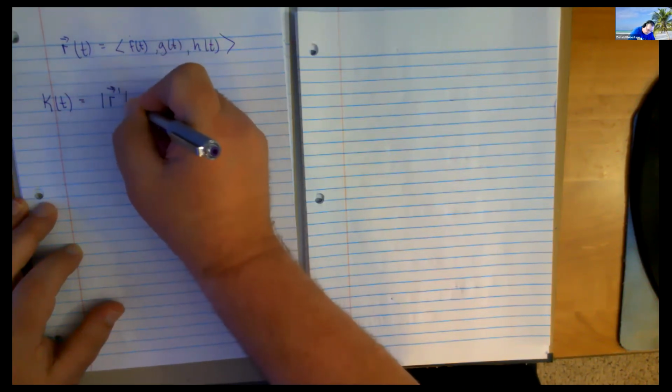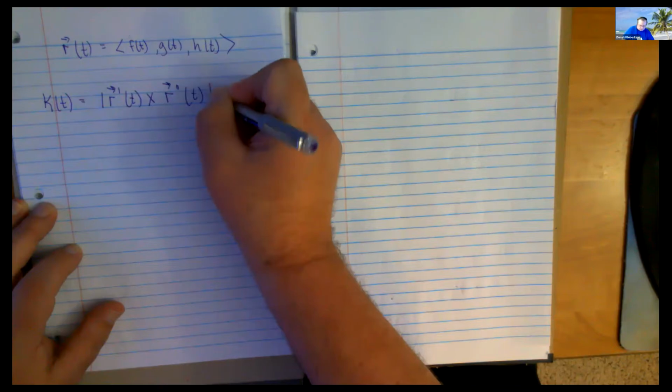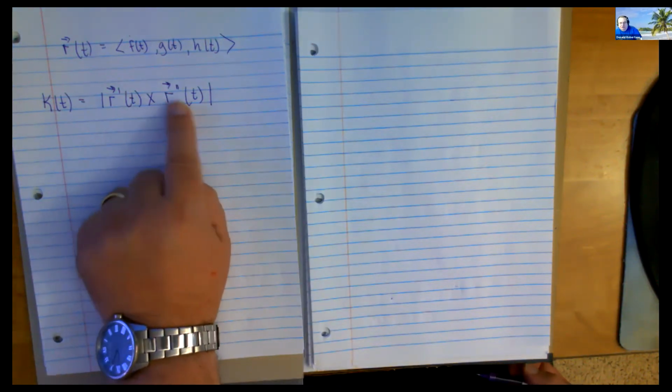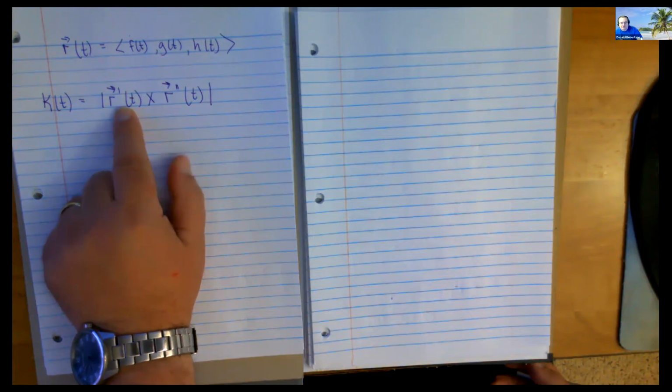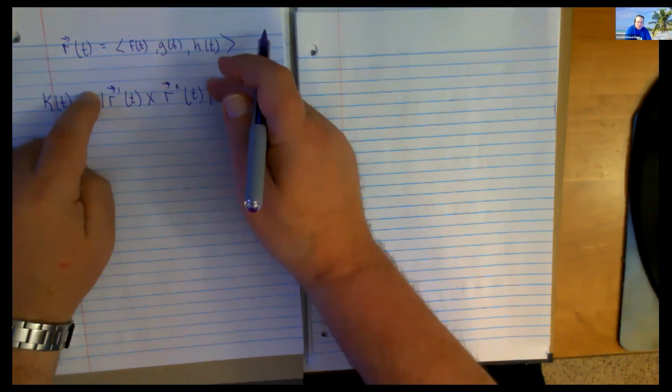And no, I am not going to prove this. This isn't the final part. This is only a piece of the formula. You find the first derivative and you do a cross product with its second derivative, which, if you're interested in motion, isn't that the cross product of velocity with acceleration? And then you find the magnitude of that vector.